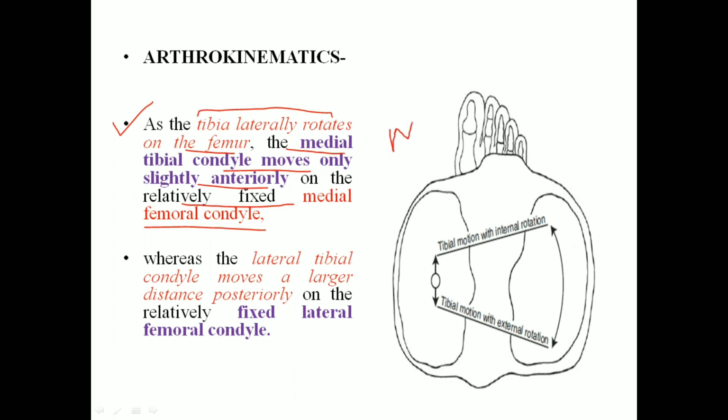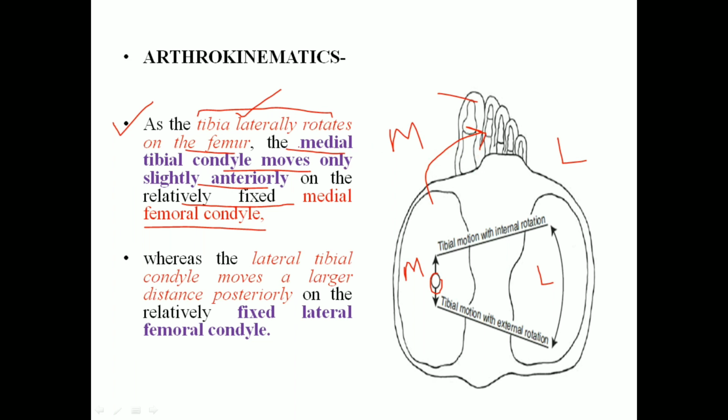Again, this is our medial side, greater toe is there, and this is our lateral side. This will be our medial tibial condyle and lateral tibial condyle. This is our pivot joint axis. Now, when the tibia goes in lateral rotation, the movement will be in this direction.